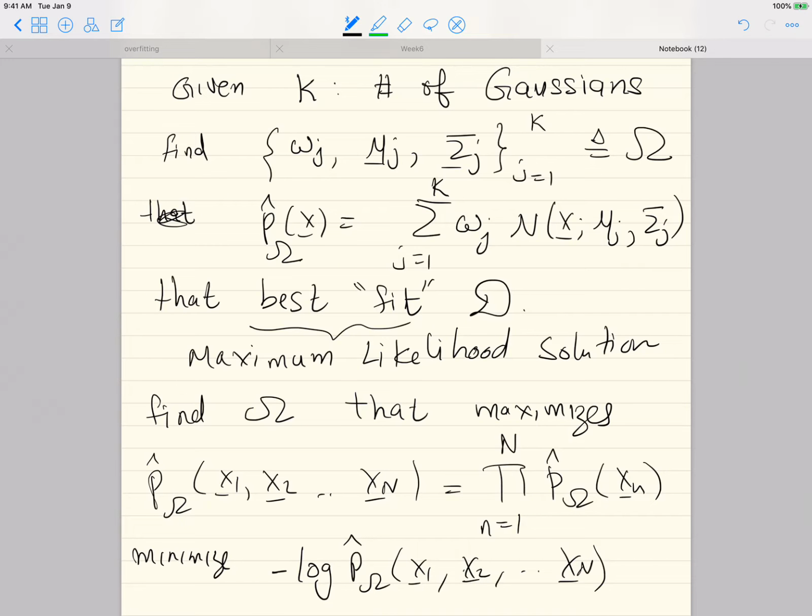Instead of maximizing this quantity, it is always convenient to take the log when you deal with probabilities. So take log on both sides, so this becomes a summation and this looks like an error function. And because log is monotonically increasing, maximizing this is equivalent to maximizing log of p hat of omega, or equivalently minimizing minus log p hat of omega, because we want to define an error function.